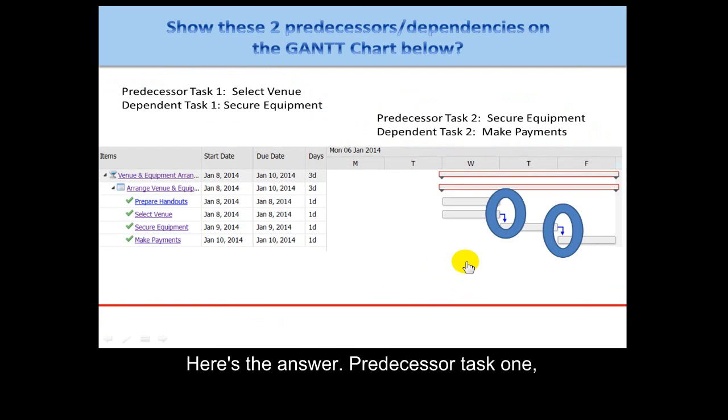Here's the answer: predecessor task 1, which is select the venue, must come first and be completed before you can secure the equipment, because maybe certain venues will already have some of the equipment that is needed.